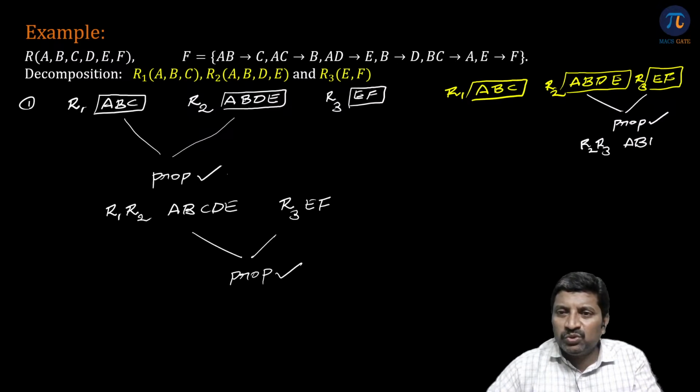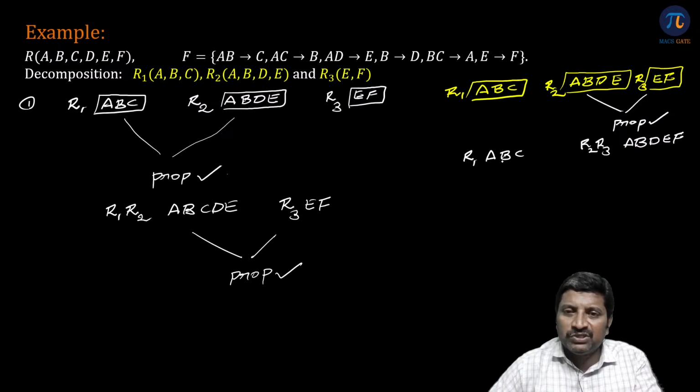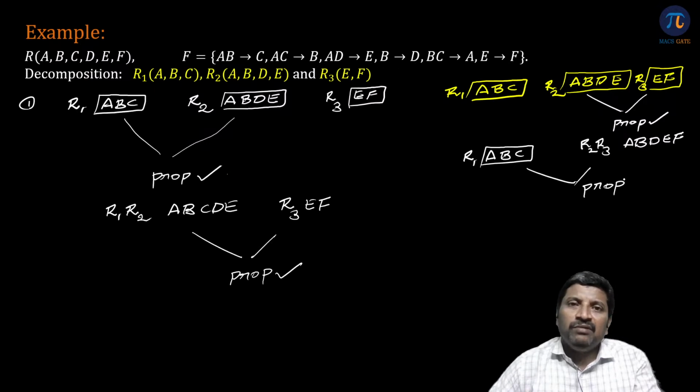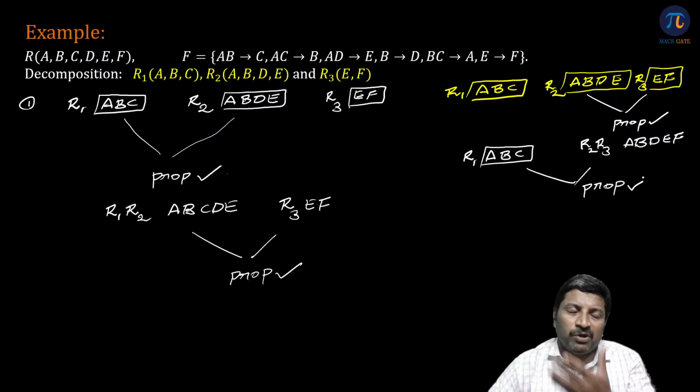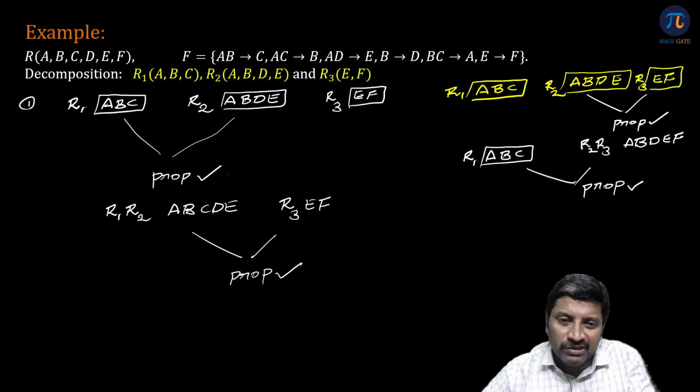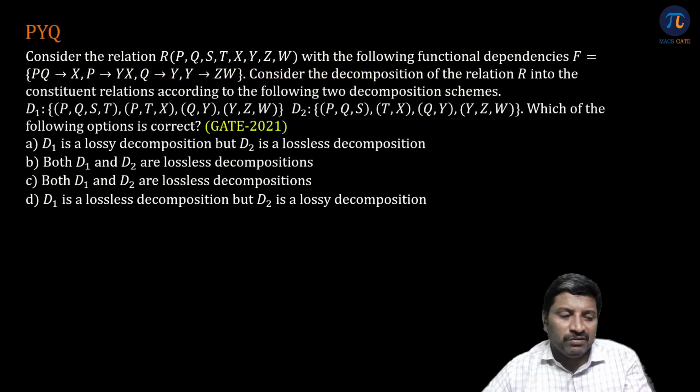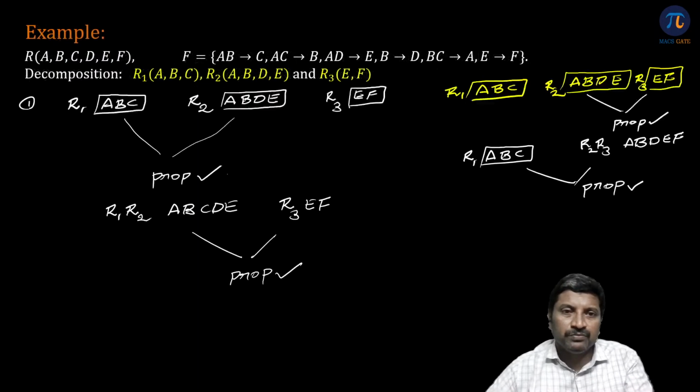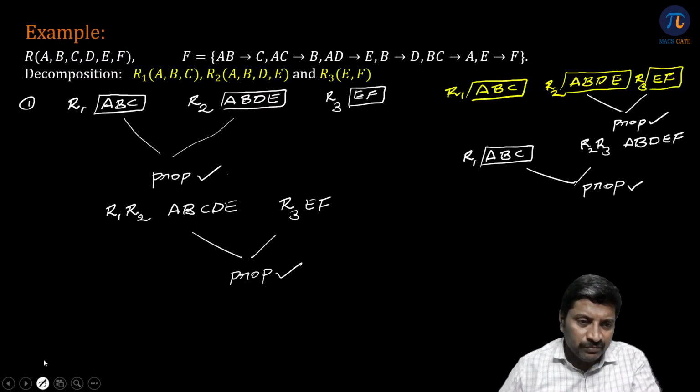If I combine those two, I will get A, B, D, F. Then let us consider R1, A, B, C. Then again verify the property. Like this, we need to select the pair which has a common attribute. If the property succeeds, then we combine it. That's it. So this is the procedure we need to follow. So let us do it, sir.